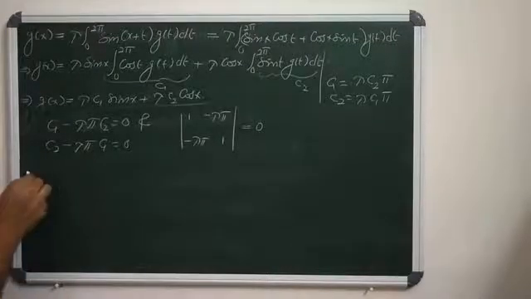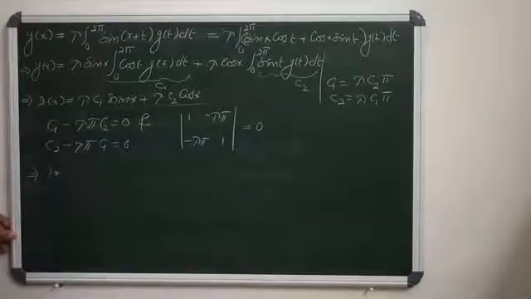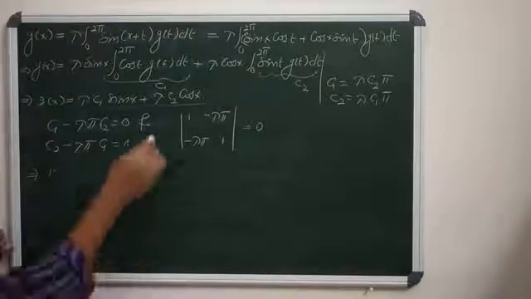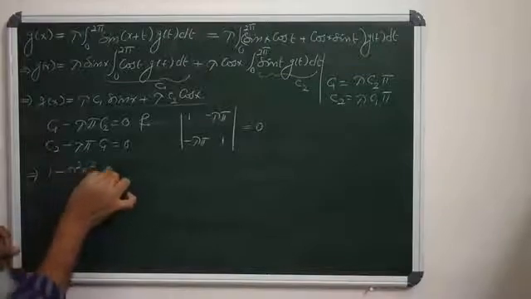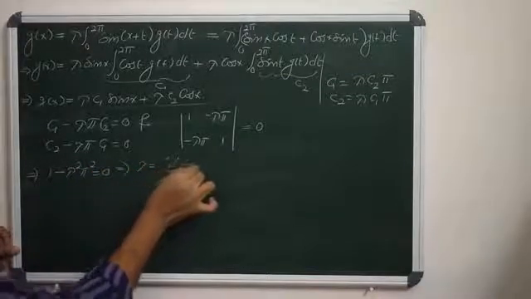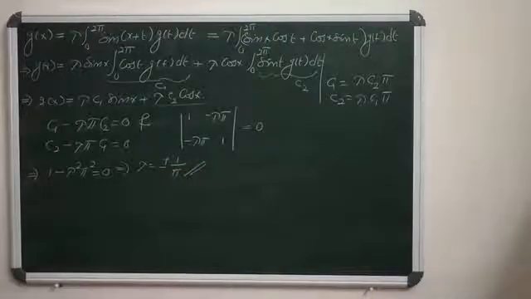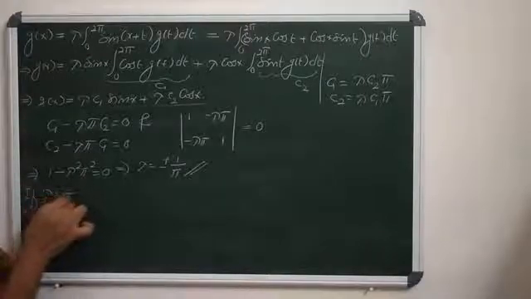That means 1 minus lambda square pi square equals 0. That means lambda equals plus or minus 1 by pi. Okay. Now, if lambda equals 1 by pi, what happens?